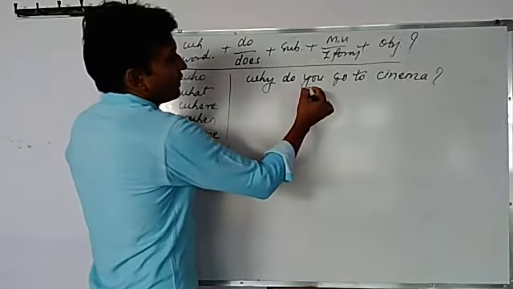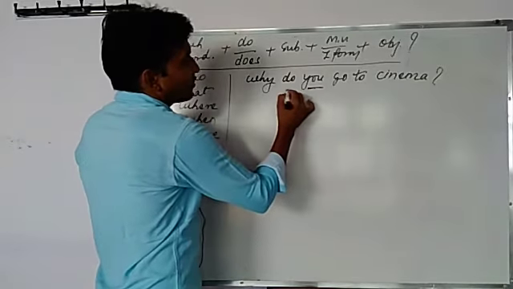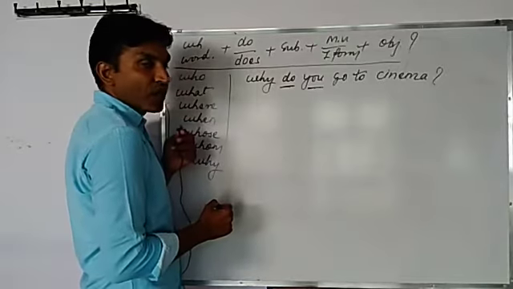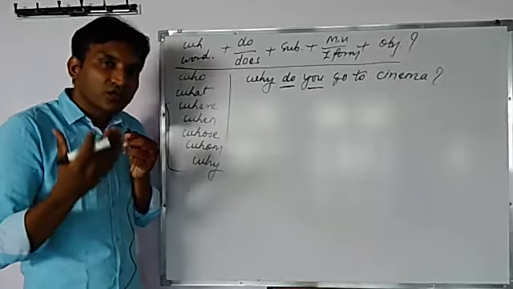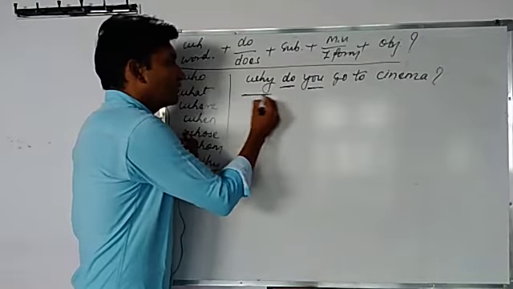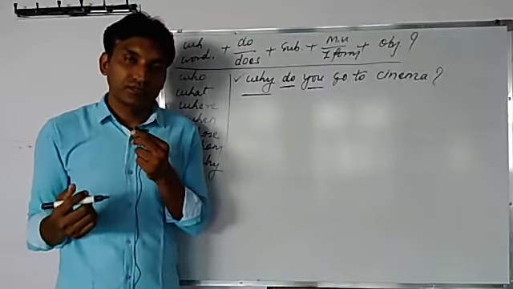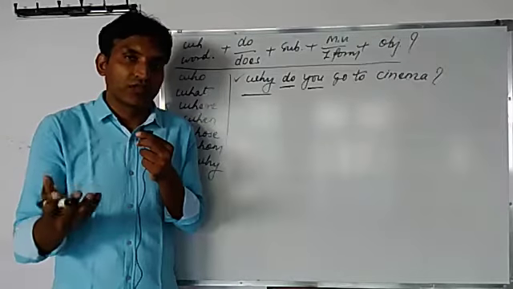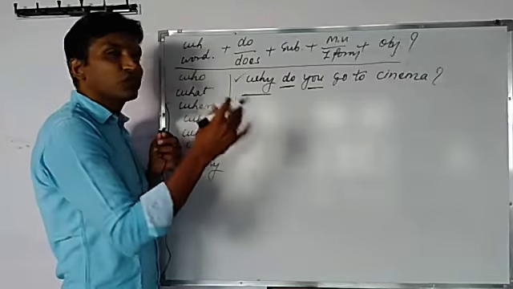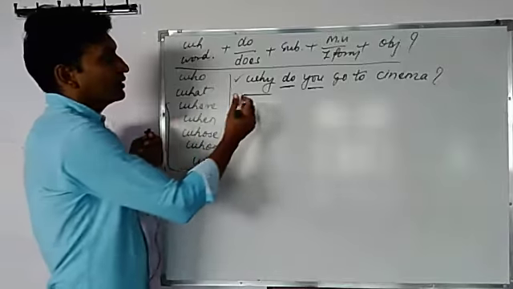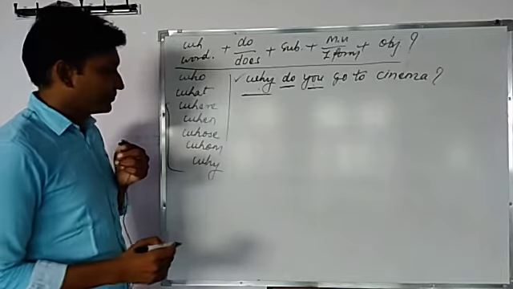Look, here the subject is plural, you, and with this subject the helping verb is do, and as we are asking for the reason of going to cinema, we will place the WH word why. Why is always used to ask for a reason behind doing something. So here also we are asking a reason. So why do you go to cinema? Is it clear?